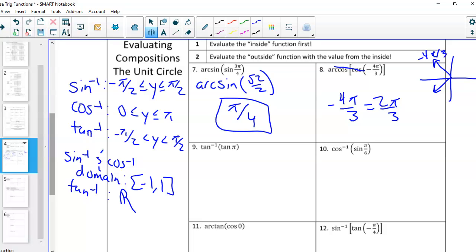And again, you could always go back and evaluate. Cosine of negative 4 pi over 3 would be negative 1/2, and cosine equal to negative 1/2 would still be 2 pi over 3. So the evaluating method would still work, even though we cancel them.